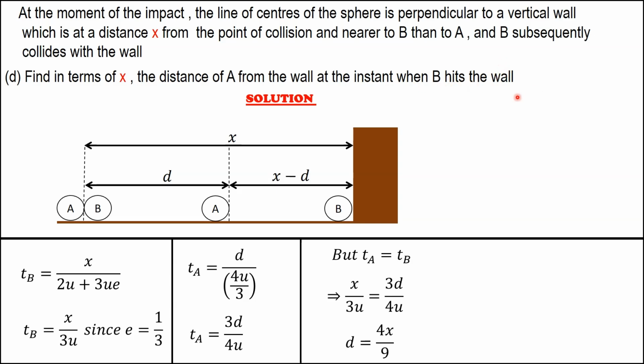Using this condition, we equated TA and TB, and from that we obtained the expression of D. So this expression of D is valid for us to proceed with the solving.